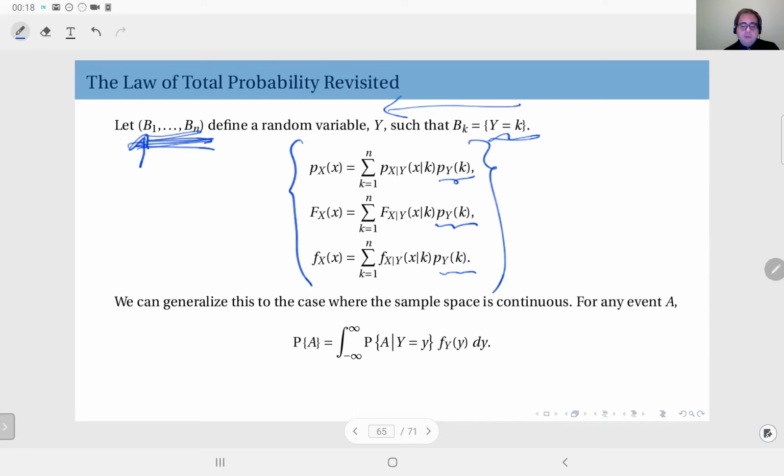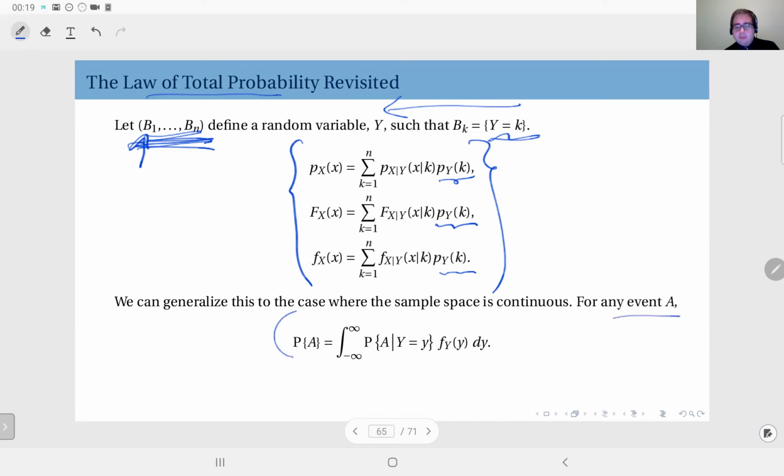And each of these B1, B2, now they will go up to B infinity, because you will have infinitely many real values, and they represent each different outcome that the random variable Y can take. And here I'm going to write this as the law of total probability for continuous distributions.